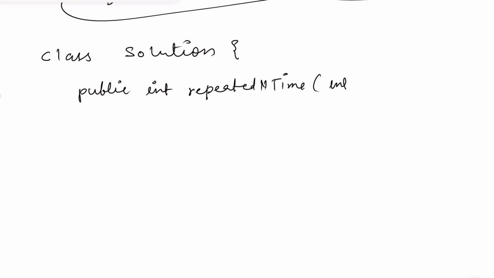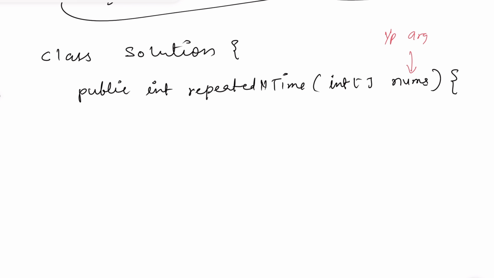I'll take the argument as an integer array, called nums. This is the input argument.